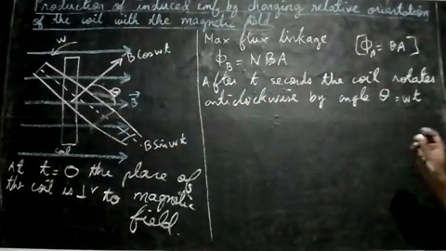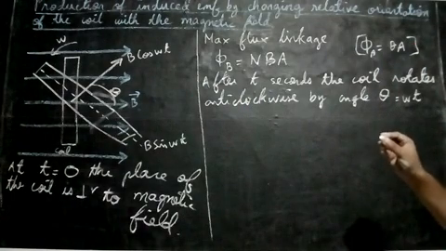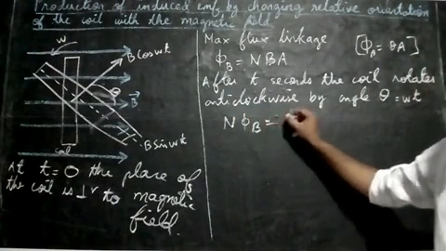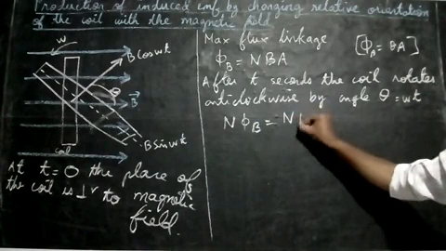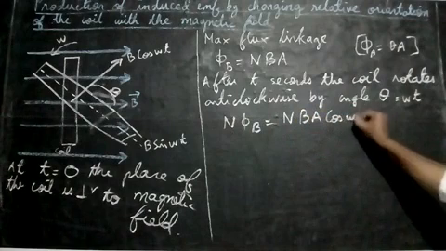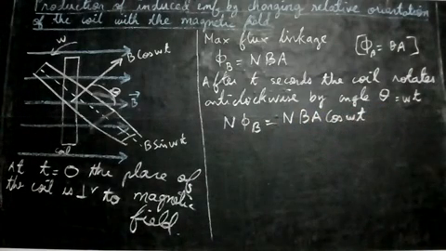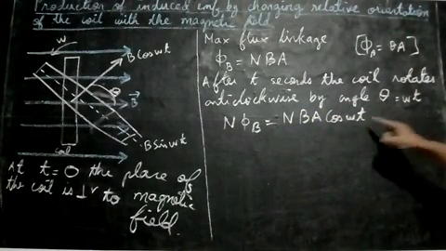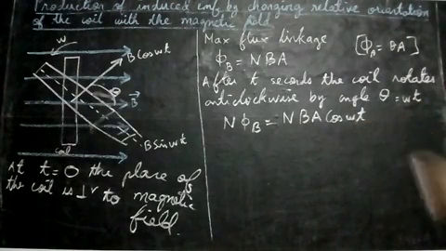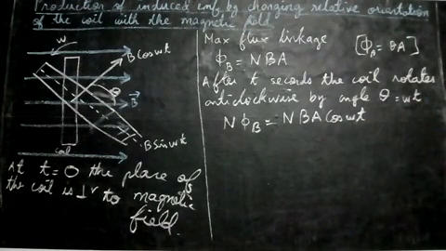Let's see what the flux linkage will be. N phi B is equal to NBA cos omega t, because the flux has cos theta and we substitute theta as omega t. Now we will use Faraday's law.